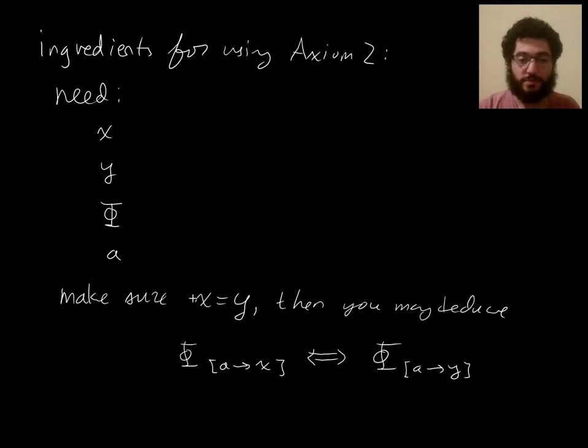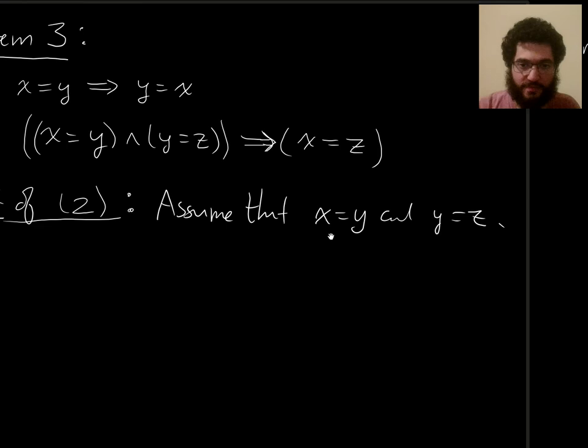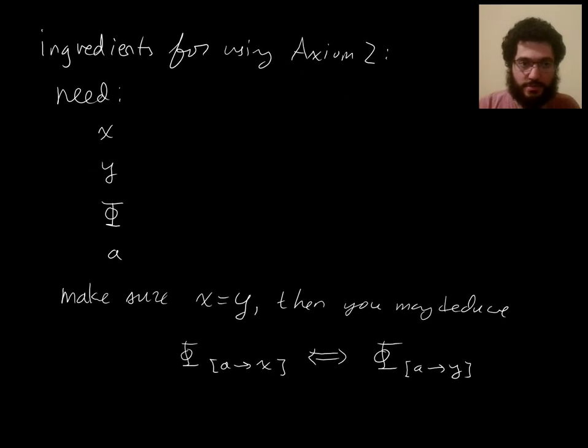We're in a situation where we know that our x actually does equal our y, right? Back here, we do actually have x equals y. So let's have x play the role of x, y play the role of y, and for phi, well, we want to prove y equals z. So I'm going to choose the proposition a equals z, and you'll see how this works in a moment.